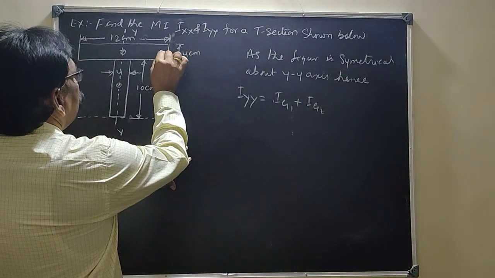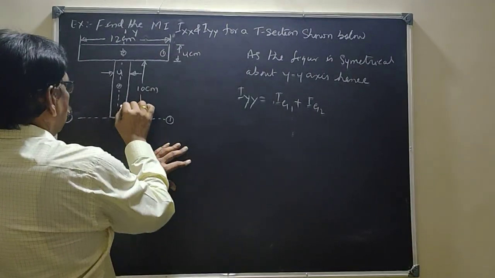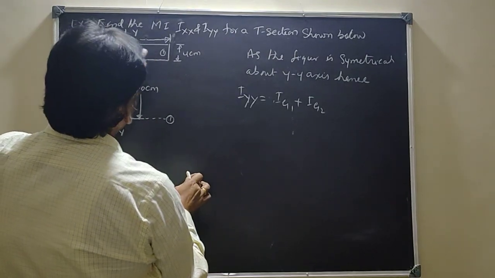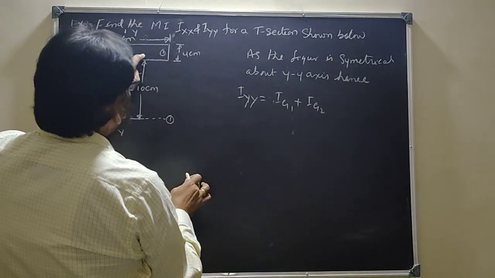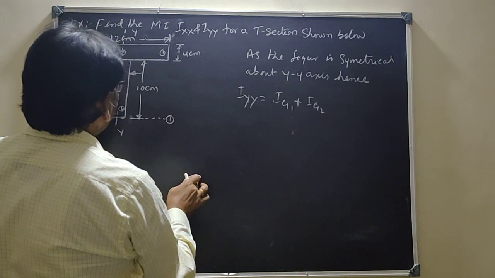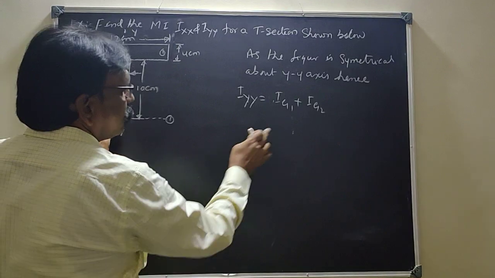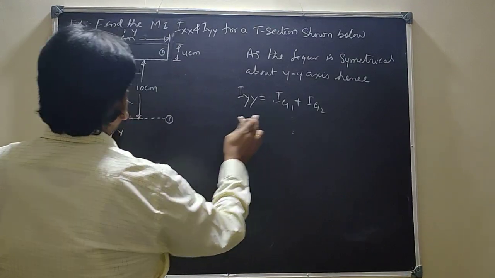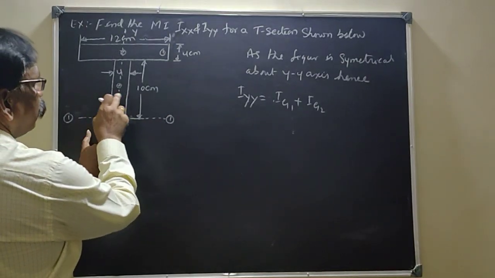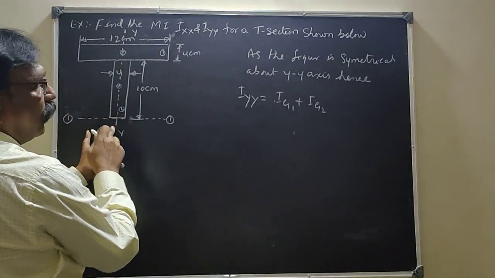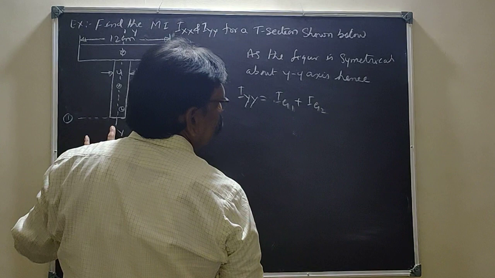That means I will call this unit 1, and this unit 2. The moment of inertia of unit 1 about the central axis passing through the center of gravity, that is Yy, is represented as Iz1, and the moment of inertia of unit 2 about the central axis Yy is Iz2.